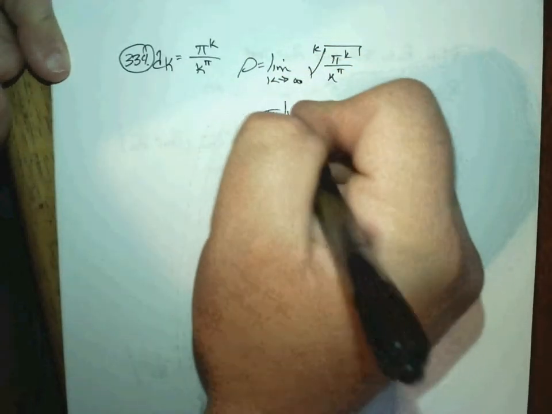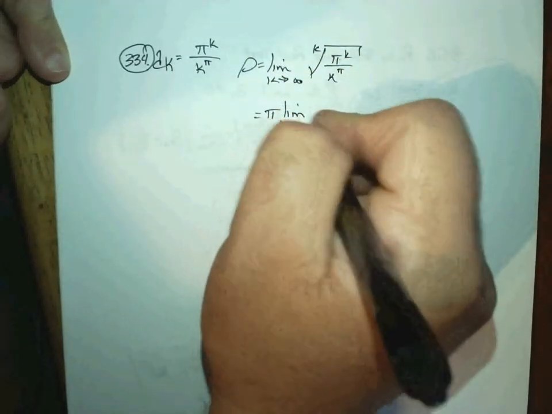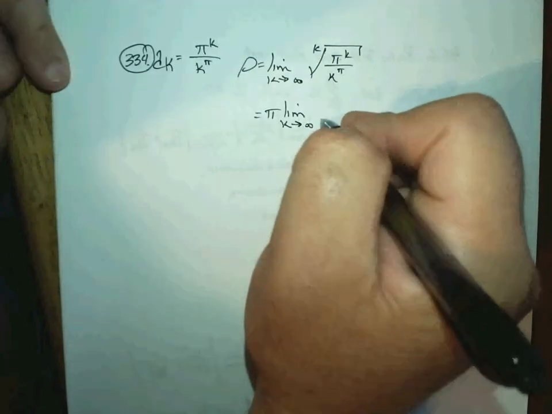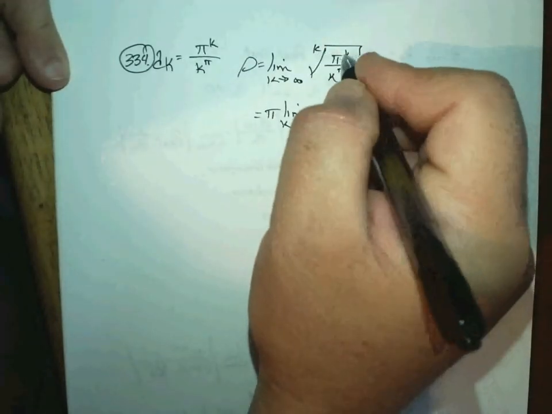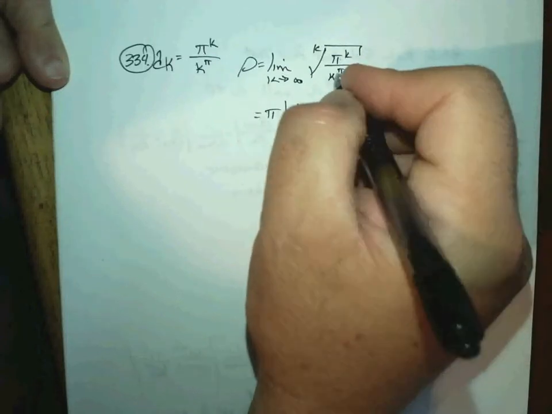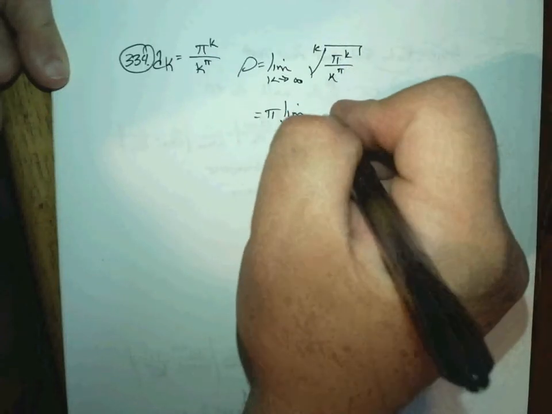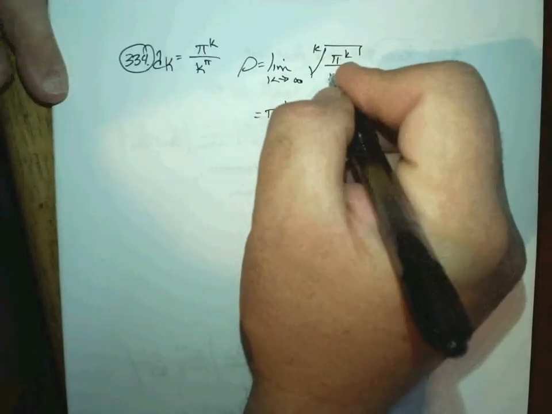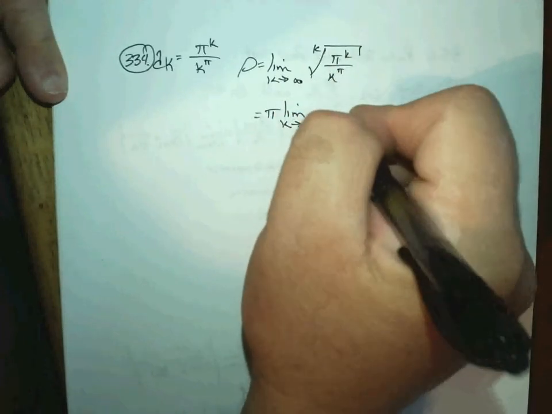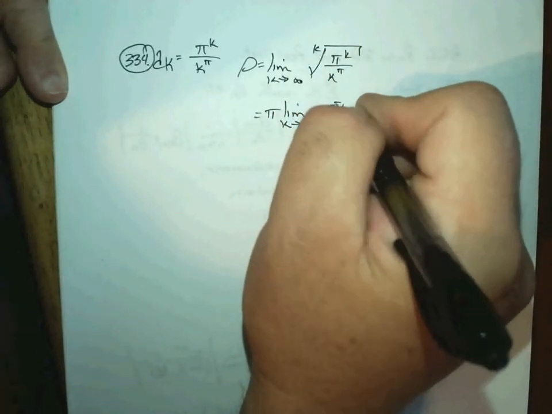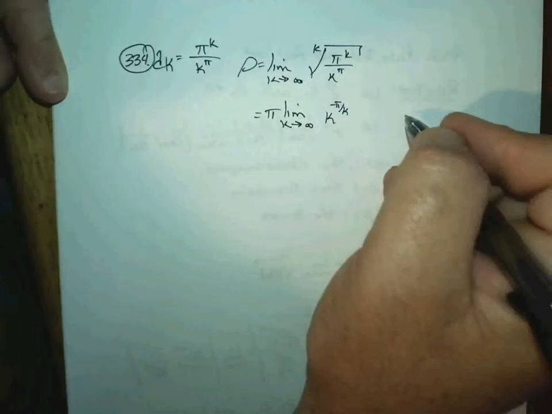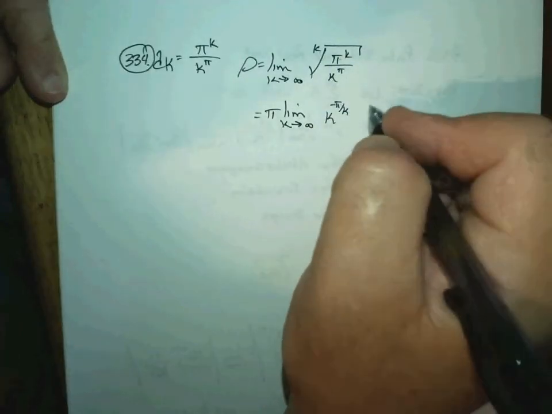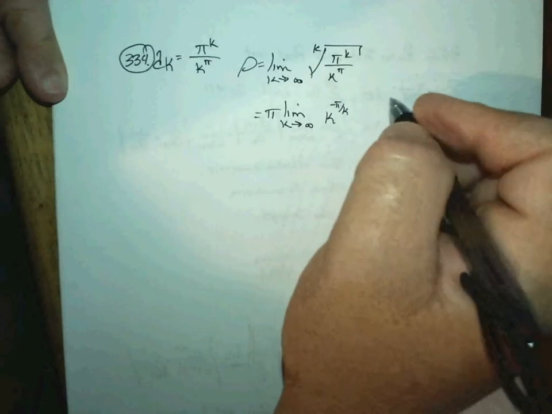And of course the kth root of pi to the k, you just get a pi. Take that pi and pull it outside the limit. And what we're left with here is the kth root of 1 over k to the pi, which means, since this is in the denominator, it's k to the negative pi, and then we divide by the k to make the kth root. Okay?